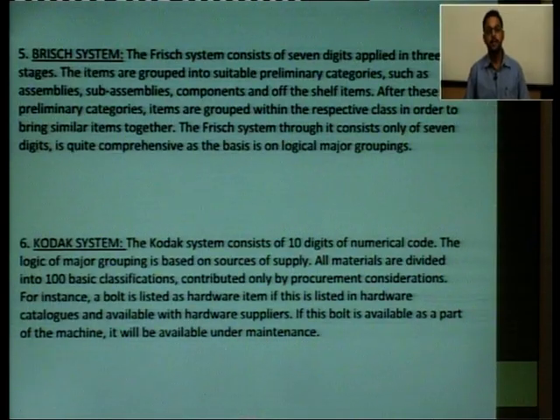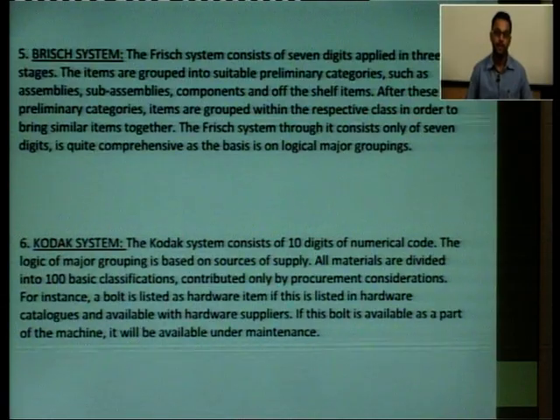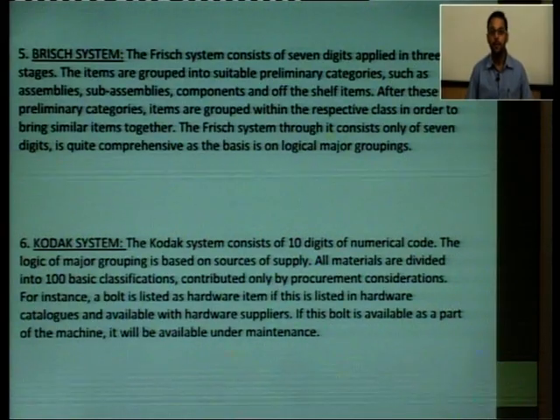Our last system is the codex system. The codex system consists of a 10 digit numerical code. The logic of major grouping is based on sources of supply. All materials are divided into 100 basic classifications determined only by procurement considerations.